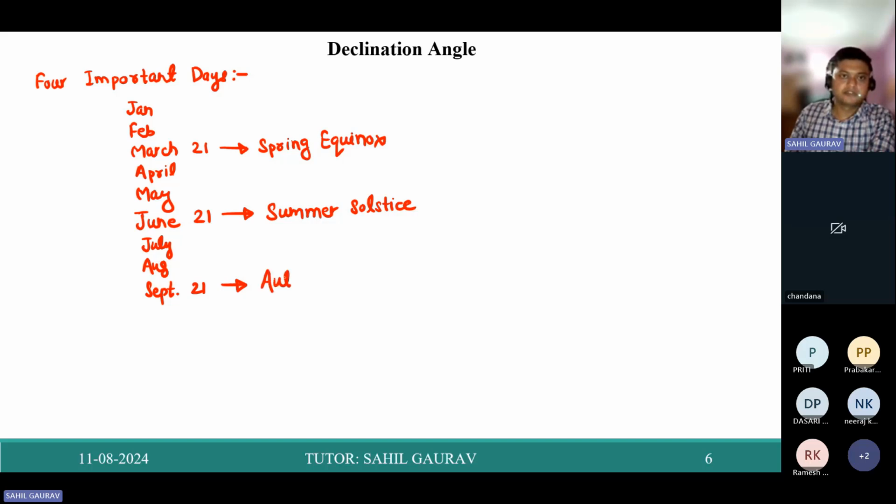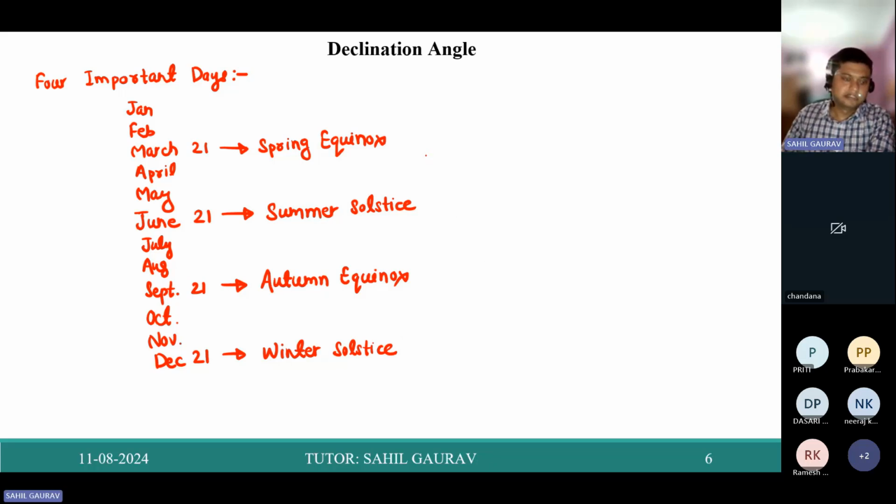This equinox is the autumn equinox. In some other textbooks it may be written 22 or 23, but for easy remembrance we have considered 21. And then October, November, after a 2 month gap, again we have the winter solstice, December 21.